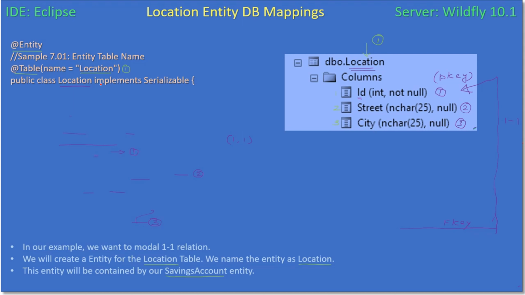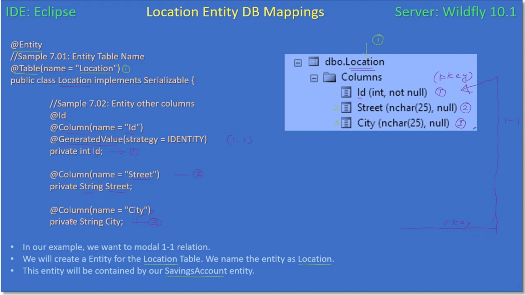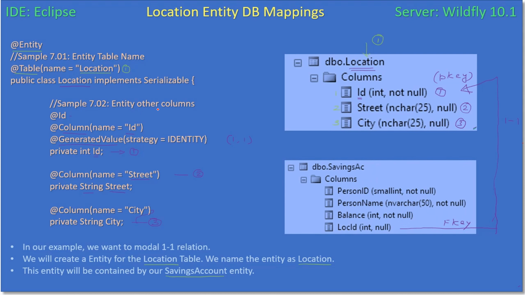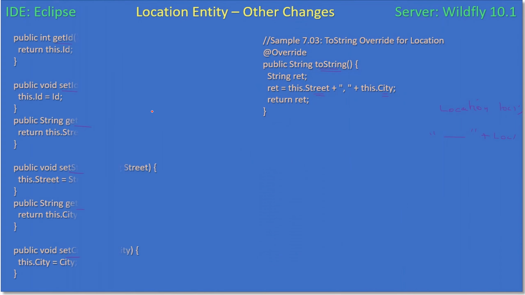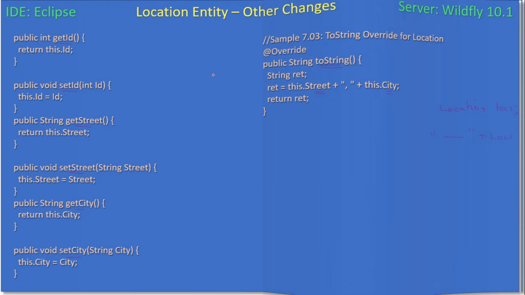So it's just a plain Java class, and by means of these attributes, entity, table, ID, column, with this mapping we will make this location a JPA entity class. Alright, for the location we have an entity class ready. So we have getters and setters, and we have toString for the location entity.